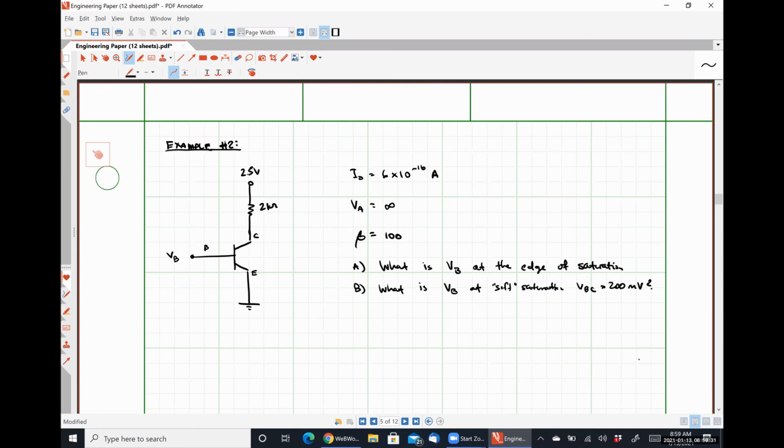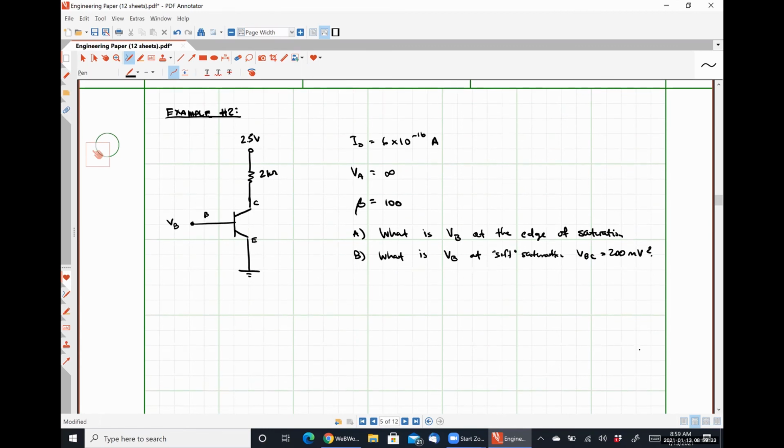All right. So part A of this is very similar to, I think, a homework problem that you guys had to work this past weekend that was due on Monday, I think. So how might we go about approaching this? So at the edge of saturation, what does that imply?